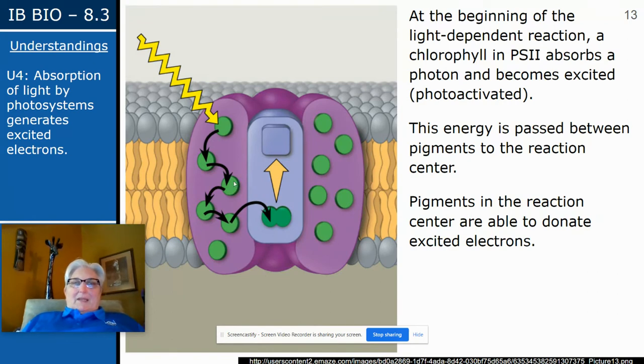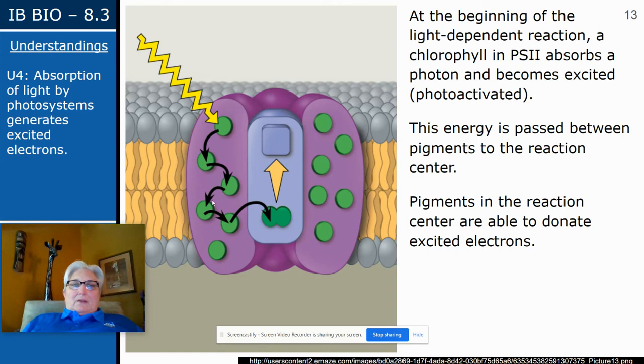So at the beginning of any light-dependent reaction, we have to have some sort of photon or light source that is going to interact with the chlorophyll inside of the thylakoid.